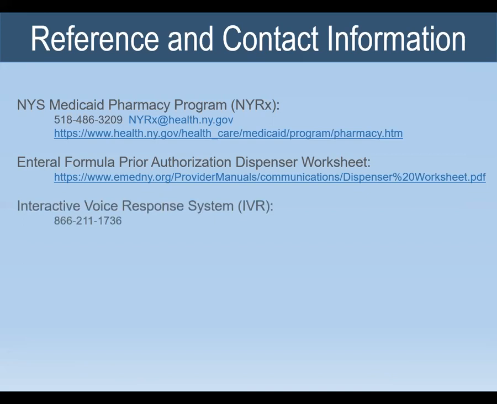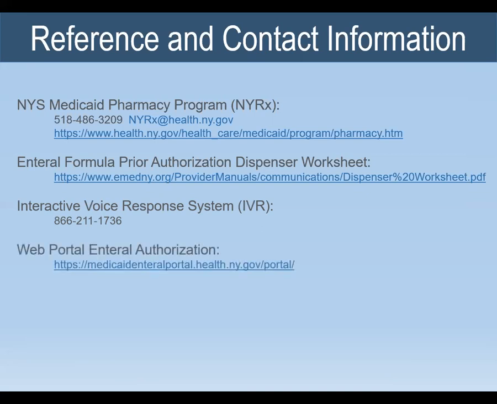Interactive Voice Response System, the IVR. Phone number 866-211-1736. Web Portal Enteral Authorization. The link to this is below. And the eMedNY call center is at 800-343-9000. And our website is www.emedny.org.